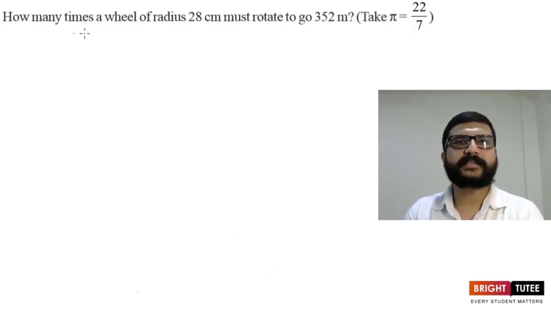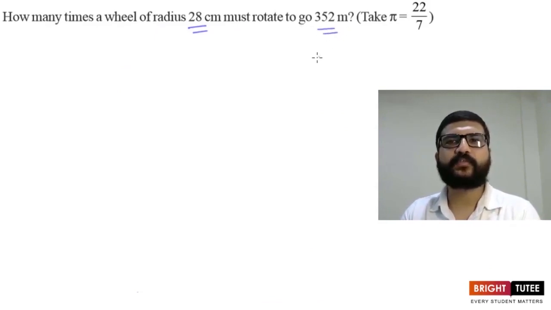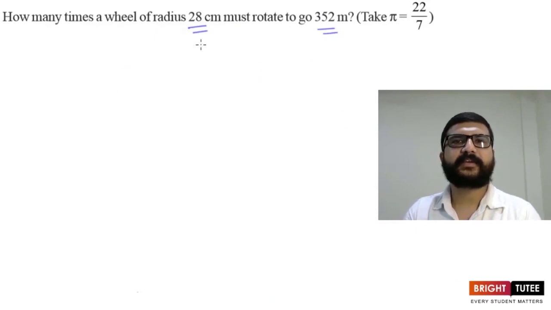Now the next question is, how many times must a wheel of radius 28 centimeters rotate to go 352 meters? Here the radius is given in centimeters, and we have to tell how many times it should rotate to go 352 meters.